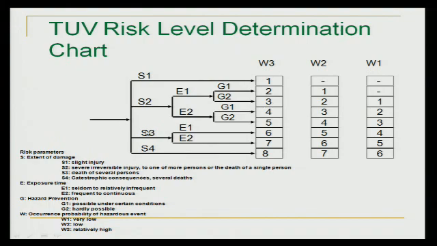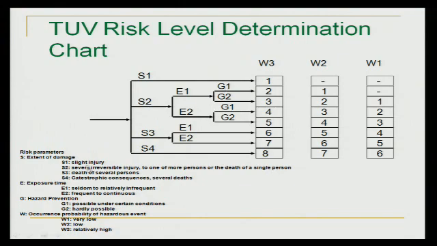If you trace through this, you'll ultimately end up with a category. Now the W is just these W columns here, and then the S, the E, and the G are just tracing, you pick which of these risk parameters and which level. And these arrows are going to take you to some number.